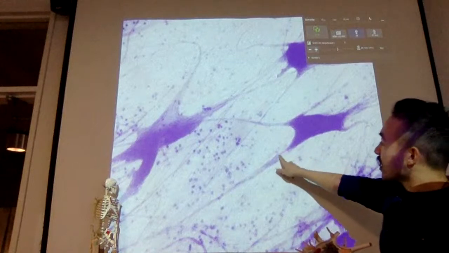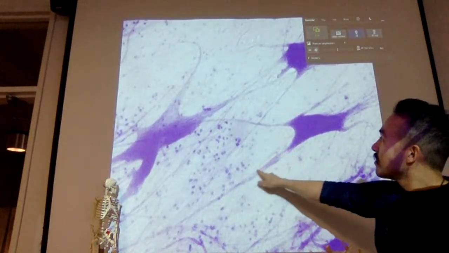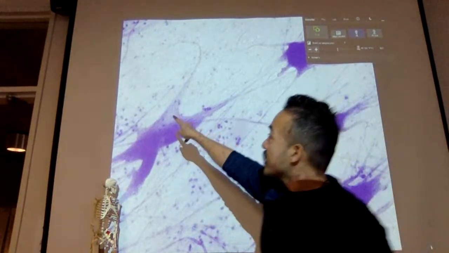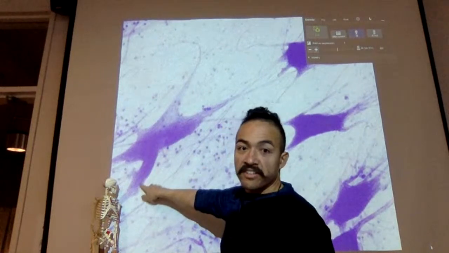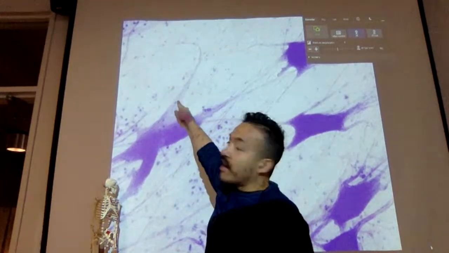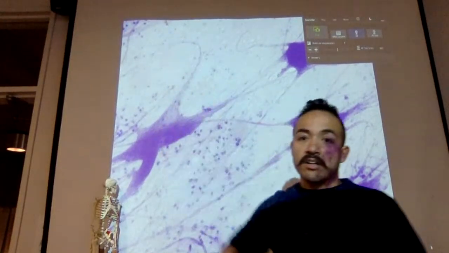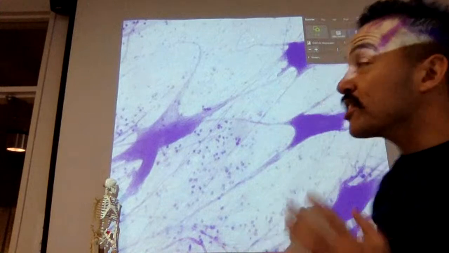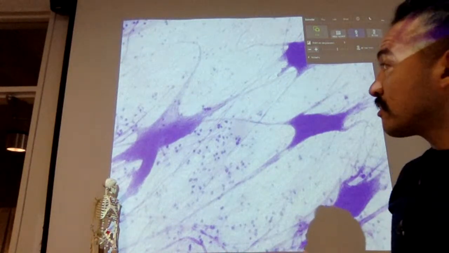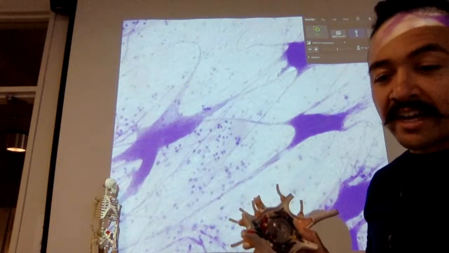But when it starts to get lighter and you have a really long projection, that would be an axon. So this one here, it's darker on these extensions, but this extension is lighter. This is likely the axon, this one here. So look for the lighter color. The lighter color is the axon. Dendrites have more color because organelles and stuff can get in there.